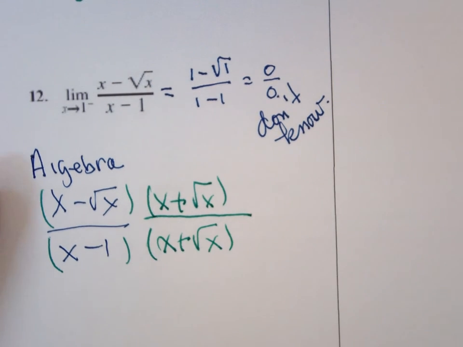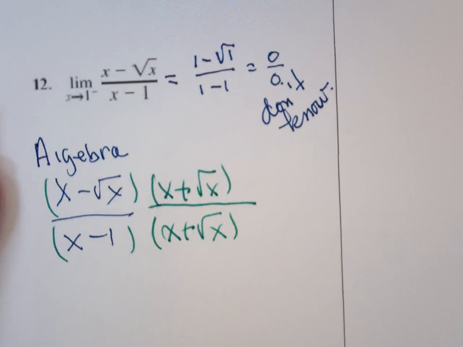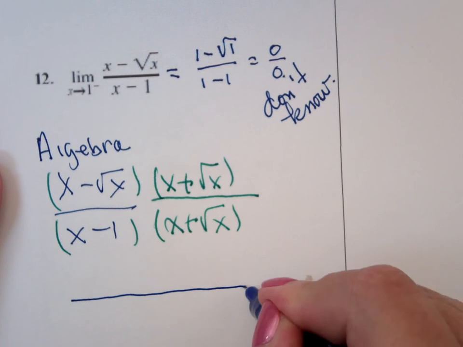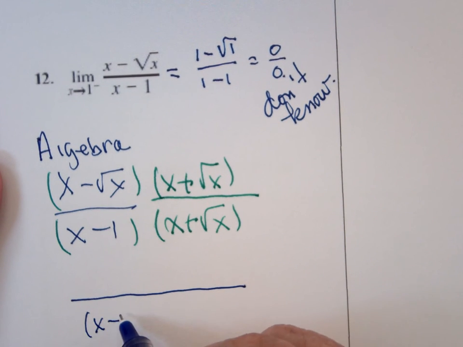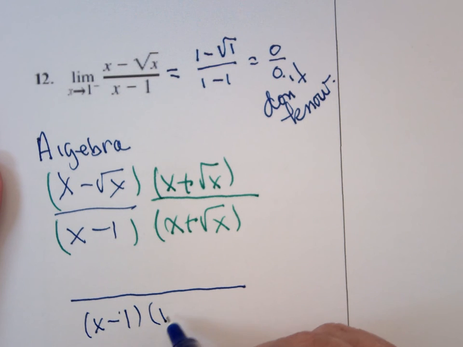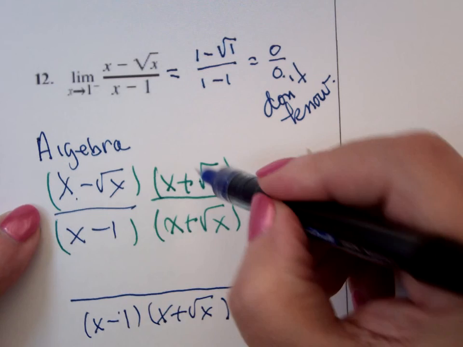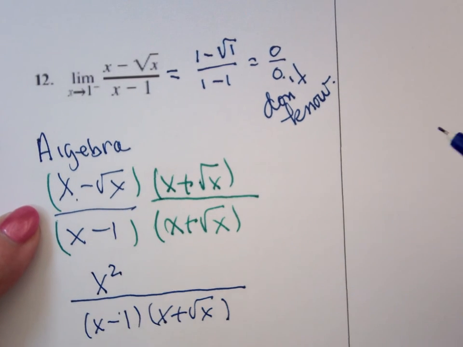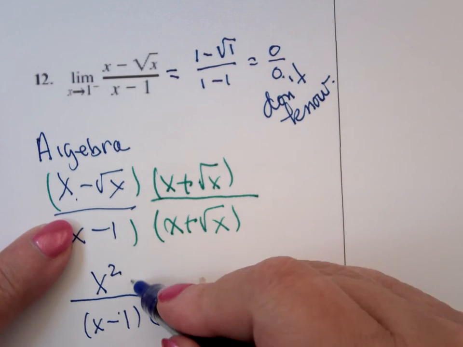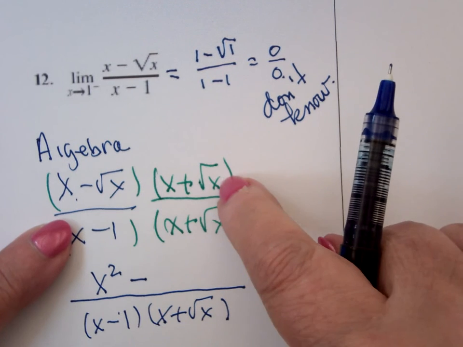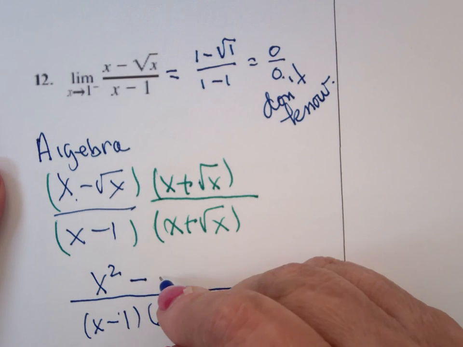Now I'm going to leave the denominator alone. So x times x is x squared. Inner outers add the 0 minus square root of x times the square root of x is x.